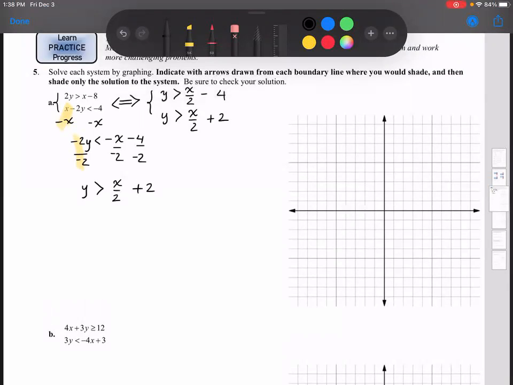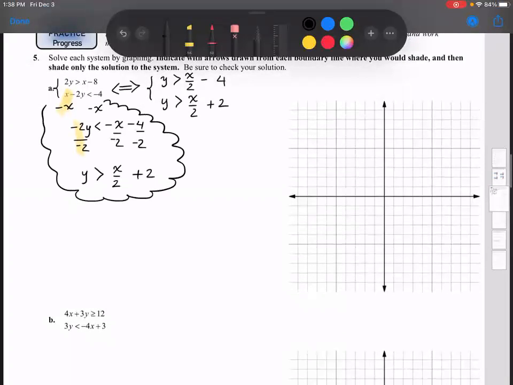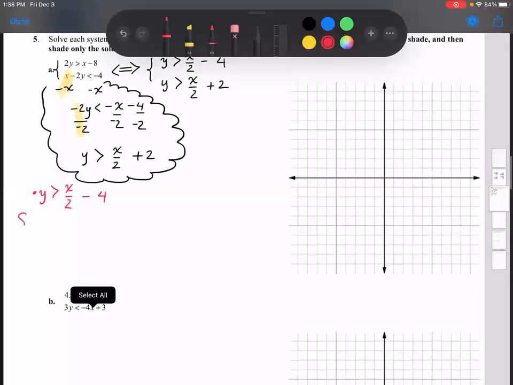Look at it, similar. All right, so now the first inequality: y is greater than x over 2 minus 4. Do you guys remember the steps you used to solve for this? You say y equals x over 2 minus 4, and then what do you do?